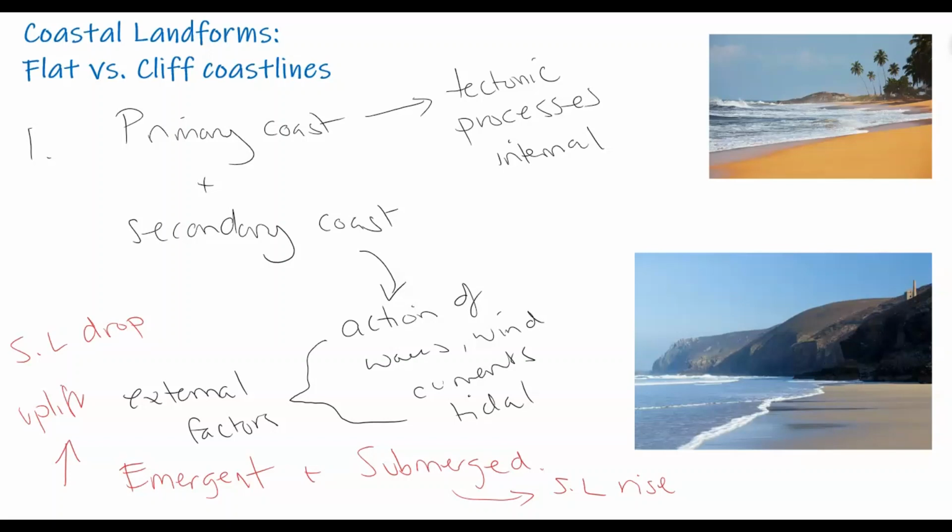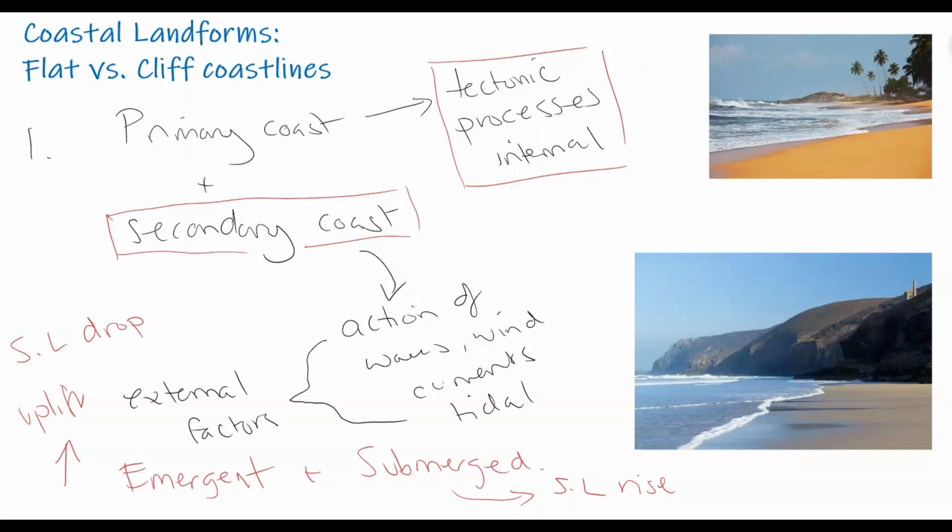So basically, what is causing the coastline to be degraded or built up? Is it through tectonic processes, which is primary, or is it more the action of hydraulic action, abrasion, attrition, through the wind and water and waves and currents?